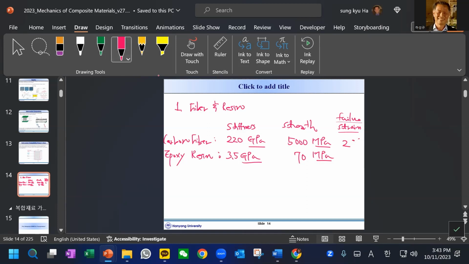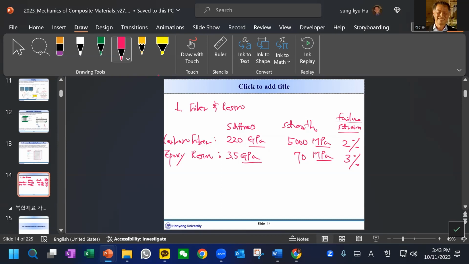So this is like the 2%, and the epoxy resin, you can say about 3%, 4%, but in this case, stiffness and a little bit, well, I would like to say 3%, including plasticity. So this is the kind of number we need to remember.